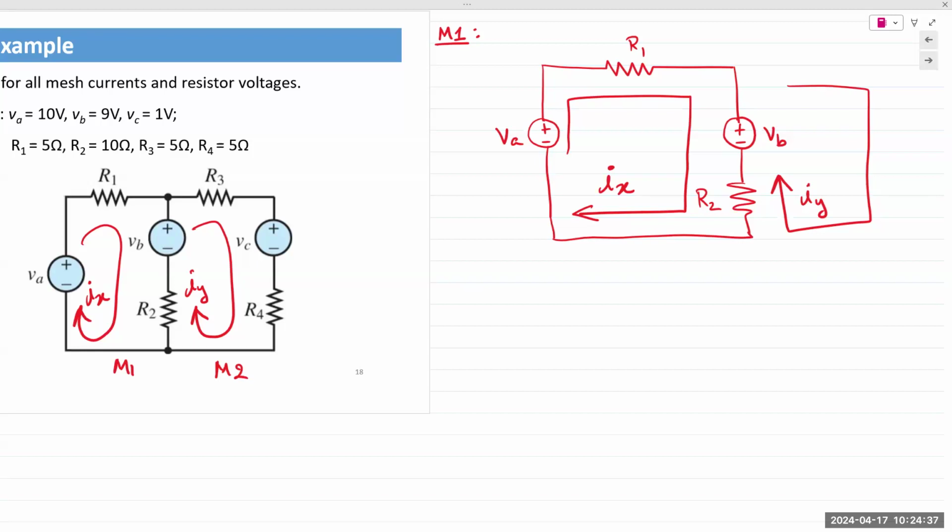How many terms would appear in my equation? How many total terms? 4 components, 4 terms. That's it. So I'll write down the 4 terms: VA, VR1, VB, and VR2 should sum up to 0.